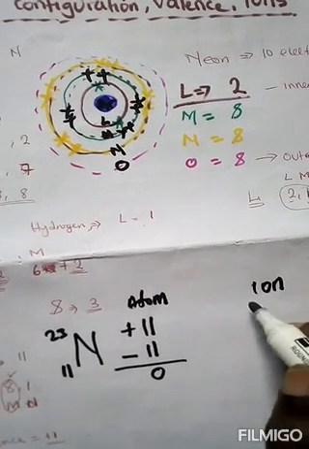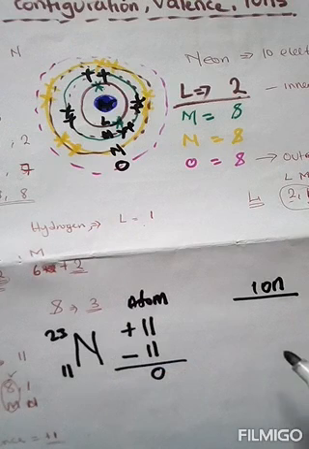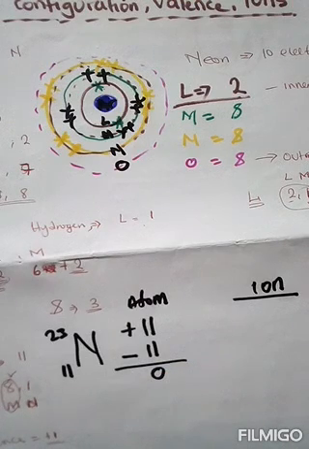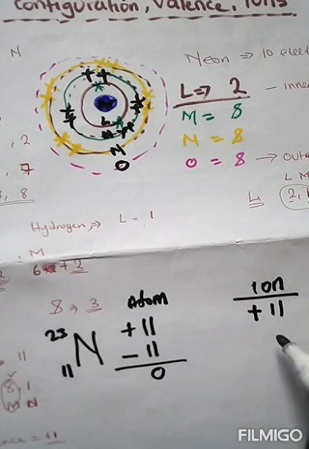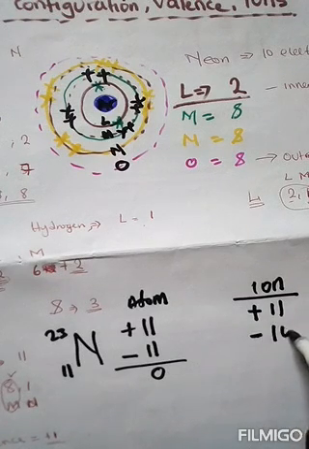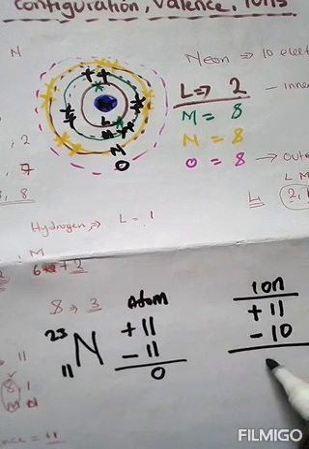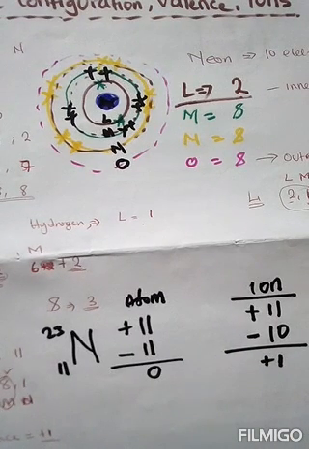Let's look at what a sodium ion looks like. You only lose electrons, not protons, so the protons remain 11. But how many electrons will be there? They will decrease, to 10. When you sum this, what do you find? Positive 1. So the charge on a sodium ion is positive 1.